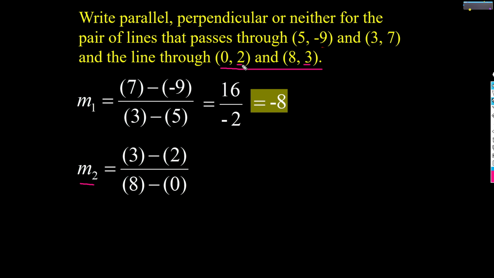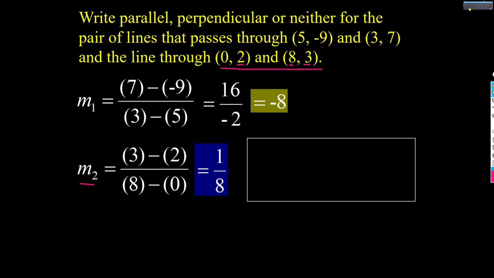So we go with y2 minus y1 over x2 minus x1, and that will give us 1 over 8. And if you check, 1 over 8 is just m2, the gradient of line 2.